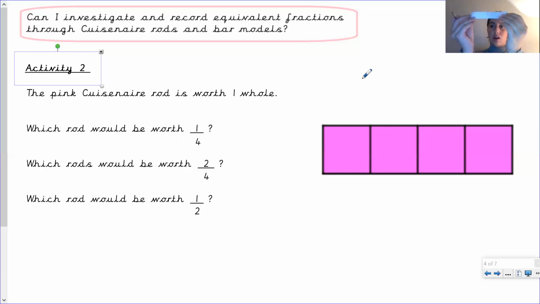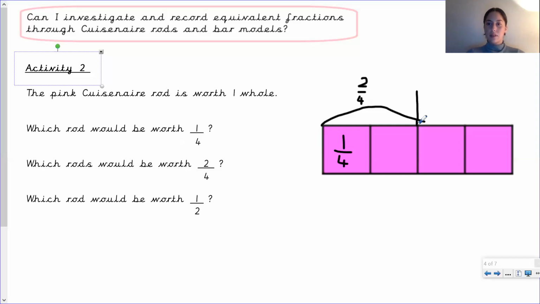When I look at half of my rod, I can see that it is the same as 2/4 because the same amount is shaded. So this is 1/4. These 2 parts up to here would be 2/4. Where is 1/2? Well, half is right here, which is the same as 2/4. So 2/4 and 1/2 are equal. They are equivalent fractions.